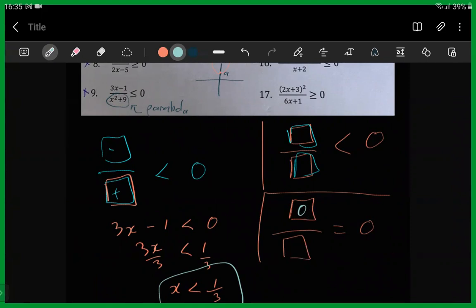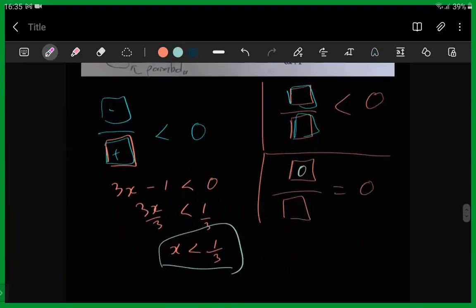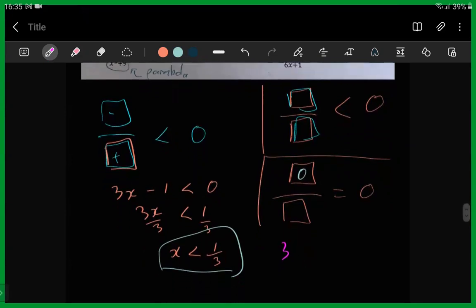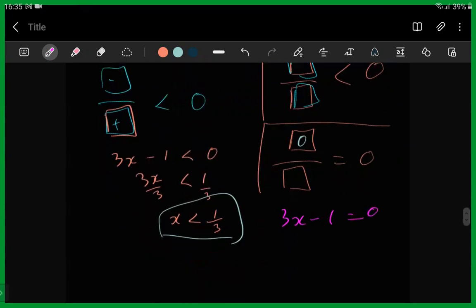So with a situation like this one, we can ask where the top is equal to 0. It looks as though the top is actually just dominating. So 3x minus 1 equals 0, you move this to the one side, divide both sides by 3, x is a third.